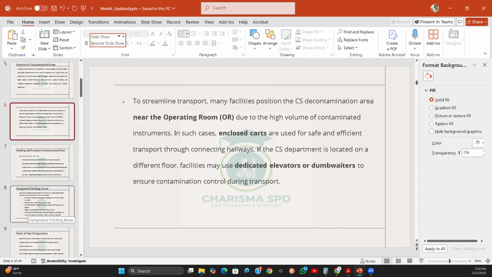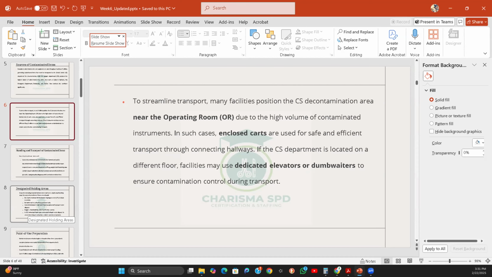Now, in some cases where travel is required, we have dedicated elevators that are used to transport these contaminated items. In such cases, those elevators are exclusively reserved for the contaminated items.